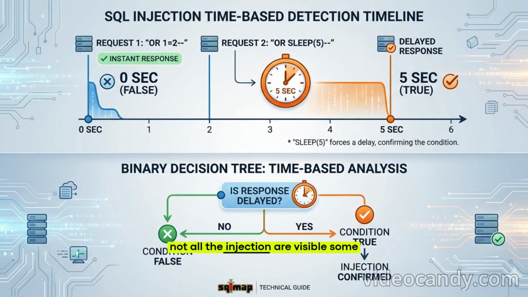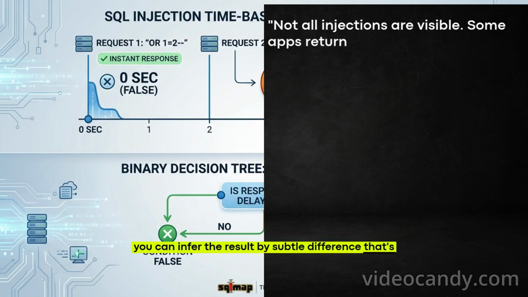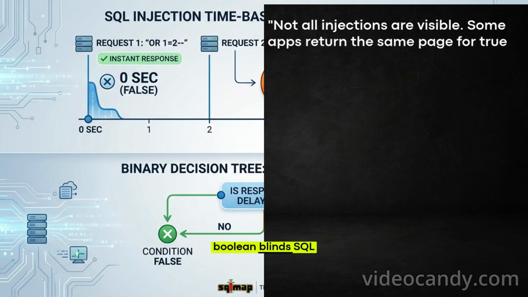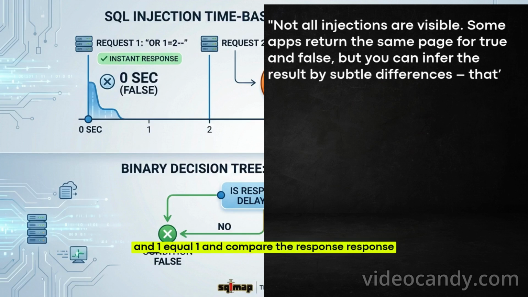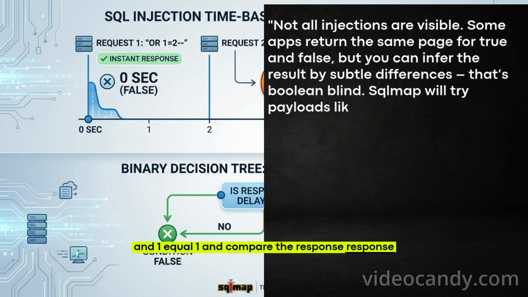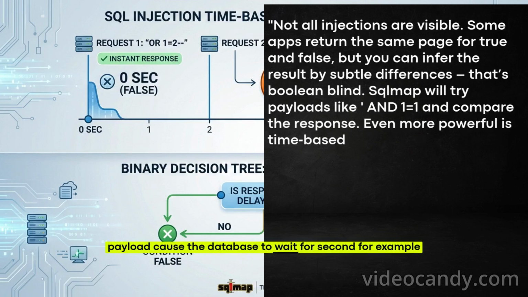Not all injections are visible. Some apps return the same page for true and false, but you can infer the result by subtle differences. That's boolean blind. SQL Map will try payloads like AND 1 equals 1 and compare the responses. Even more powerful is time-based injection. The payload causes the database to wait for a period of time.